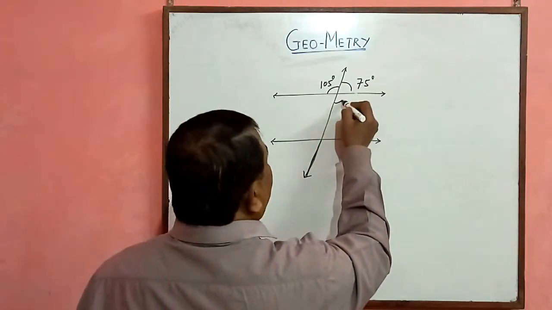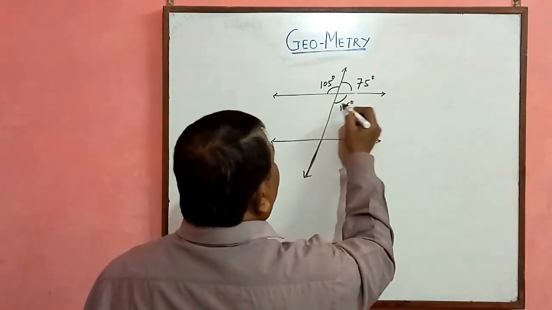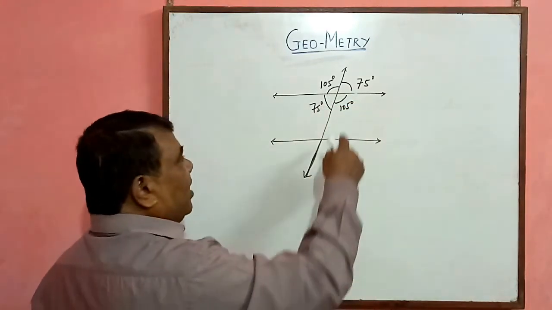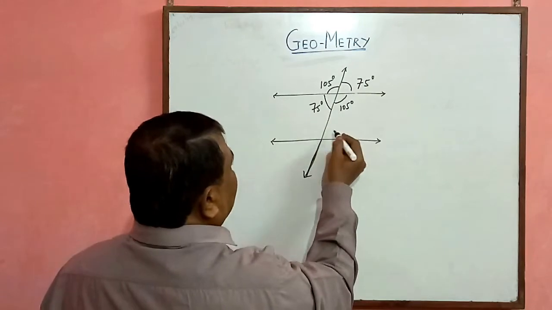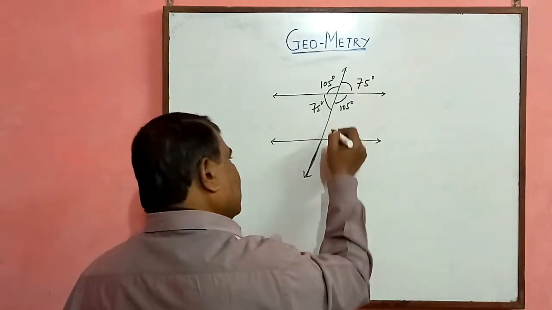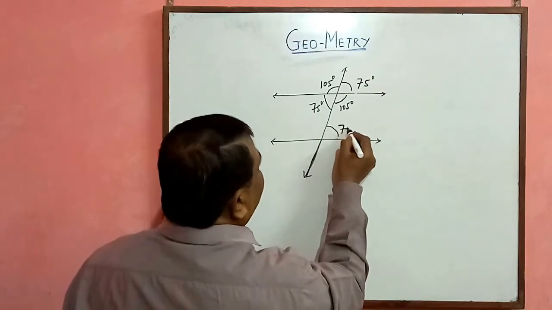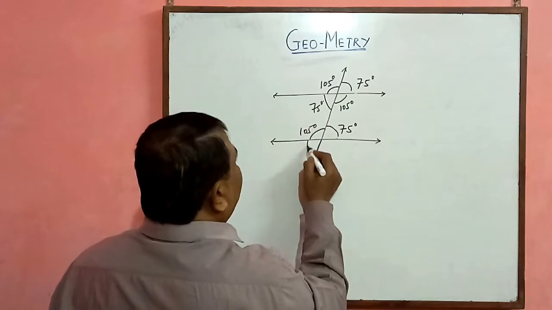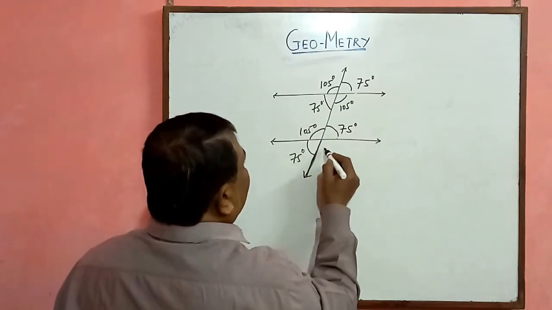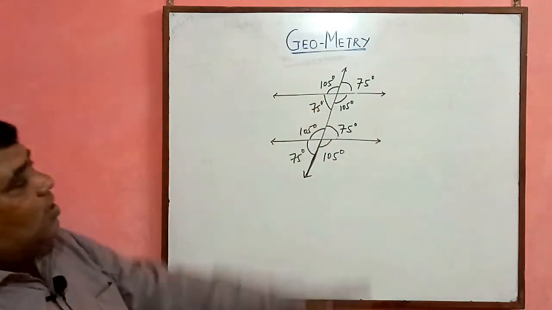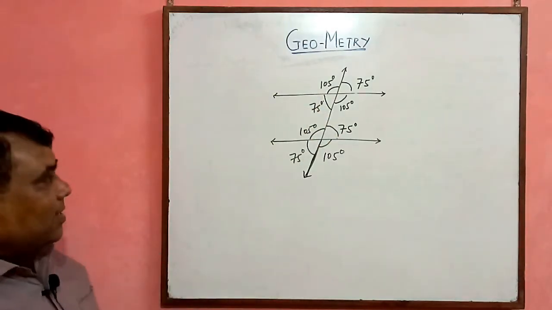Vertically opposite, this is also 105. Vertically opposite, this is 75. Now we know corresponding angles are equal, or alternate interior angles are equal. This way also we can say. This is 75 degree. This is 105 degree. This is 75 degree. This is 105 degree. This is the advantage of parallel lines.